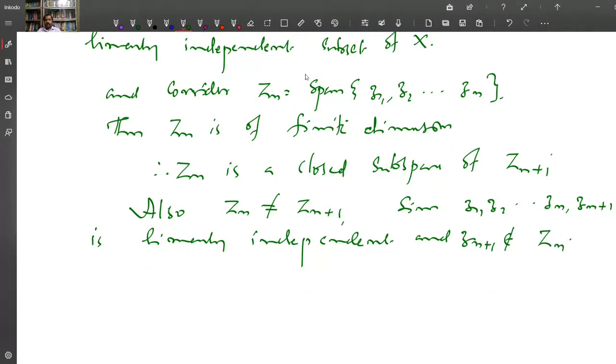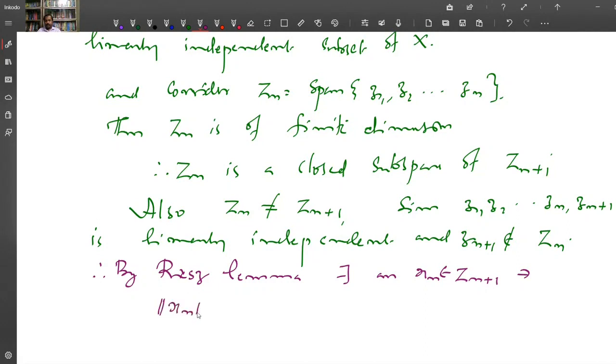Therefore, by Riesz's lemma, there exists an xn in Zn plus 1 such that norm of xn is 1 and the distance between xn and Zn is greater than or equal to half. Here we are taking r to be 1 by 2.